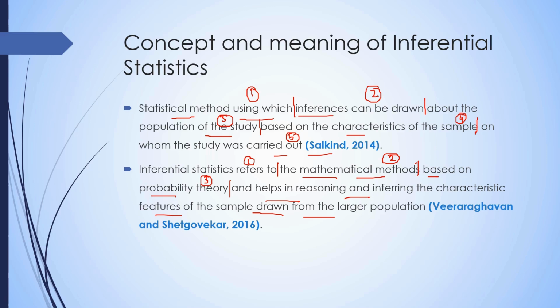It helps in reasoning and inferring. This would be our fourth part. Reasoning and inferring what? The characteristic features of the sample. This would be our fifth part. Sample, which sample? The sample that was drawn from the larger population.